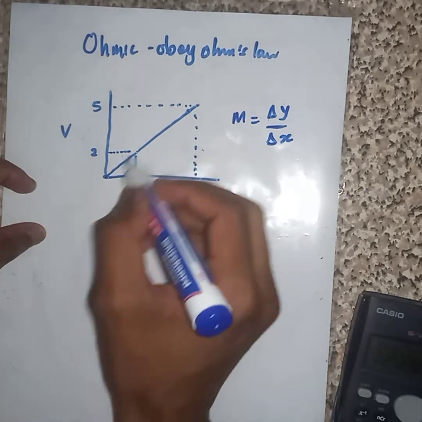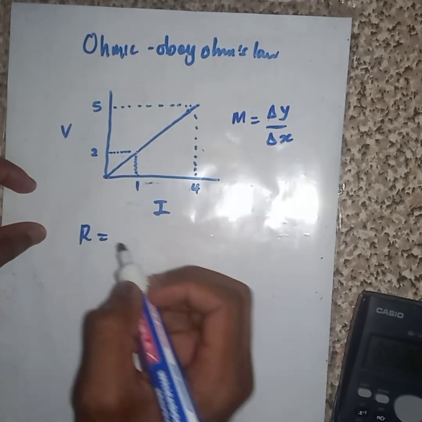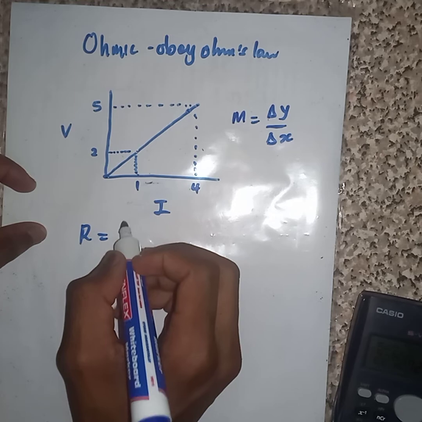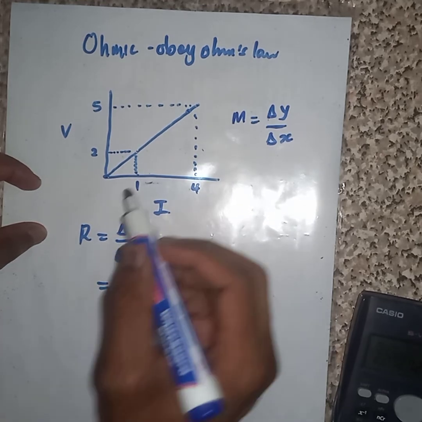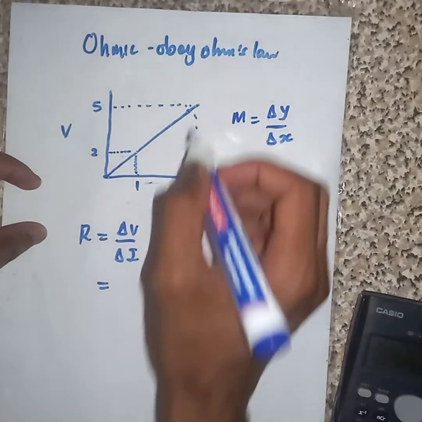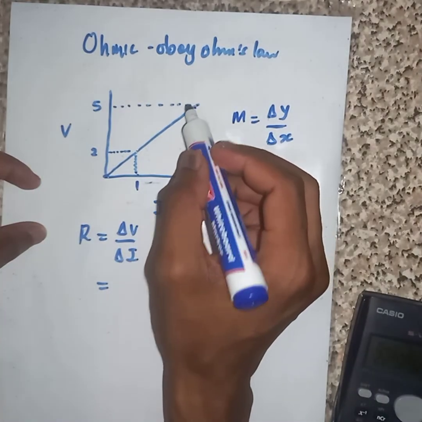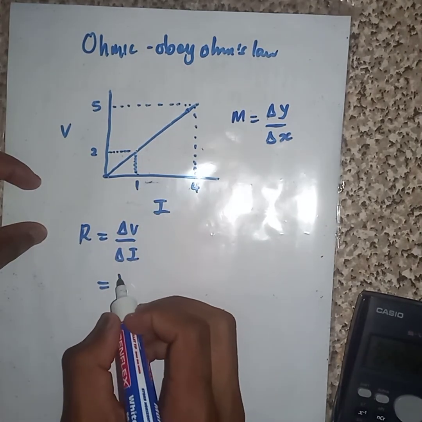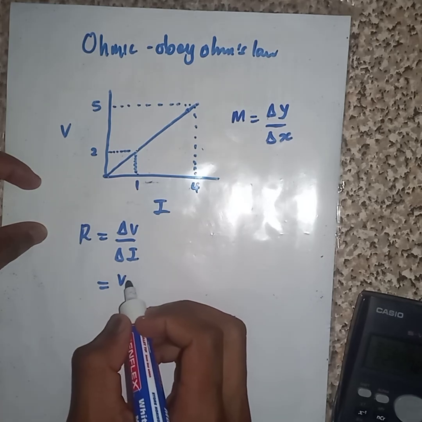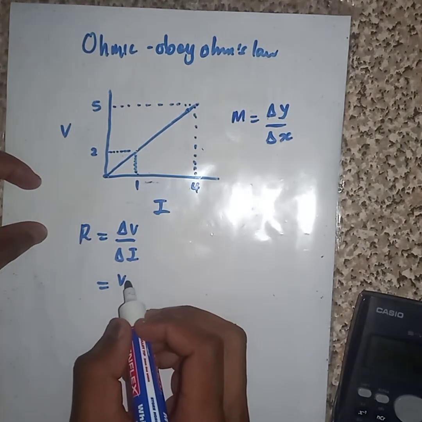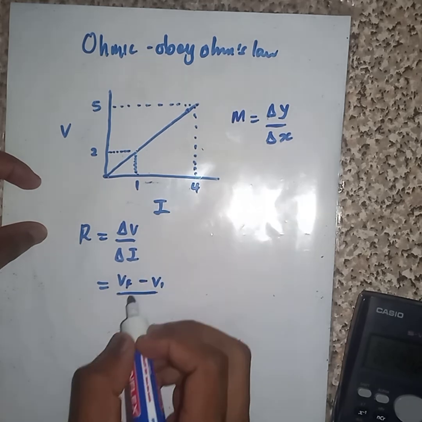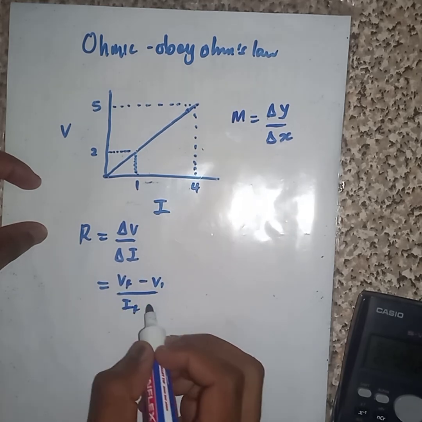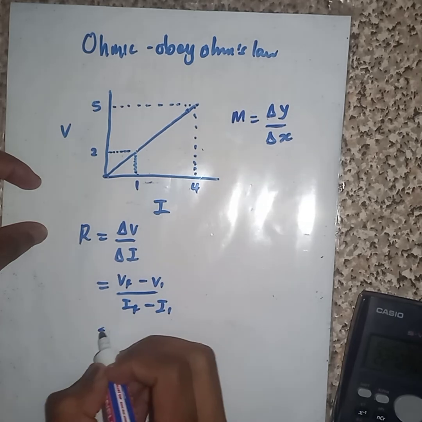In this case, our gradient is our R, which is going to be change in V divided by change in I, which is V final minus V initial over I final minus I initial.